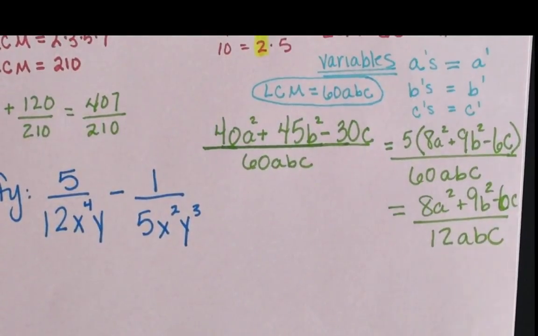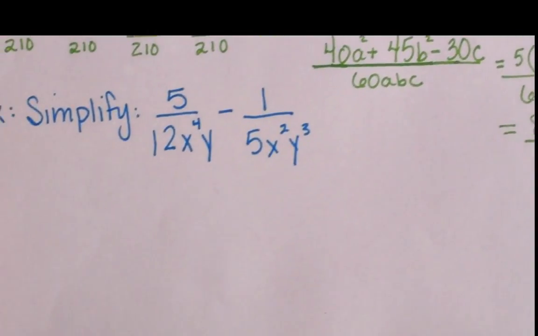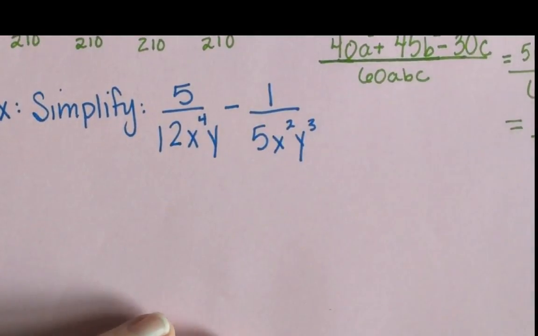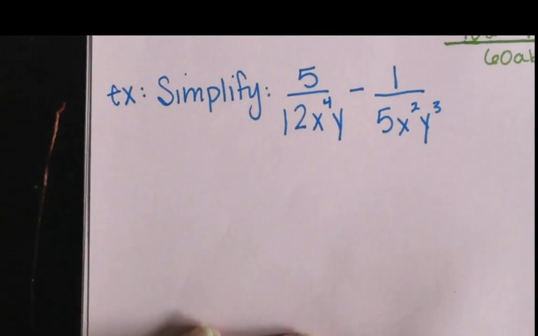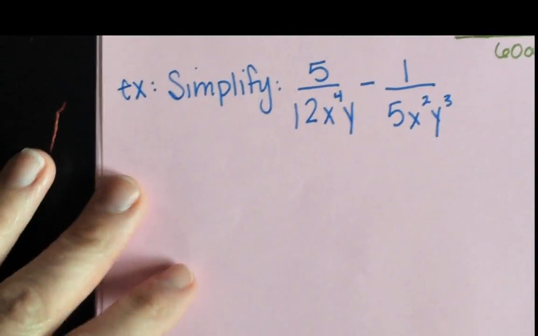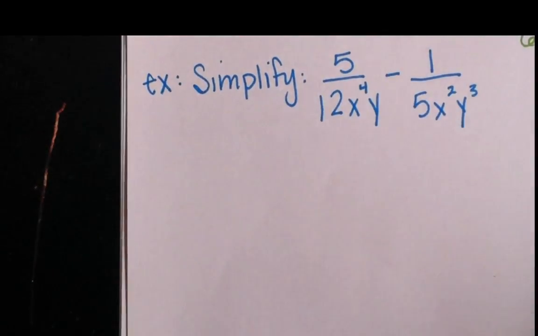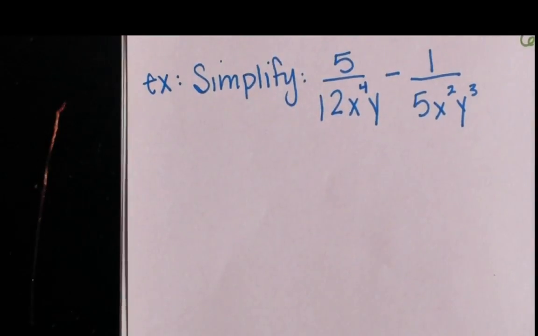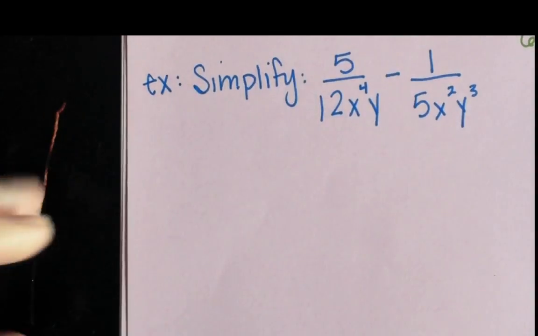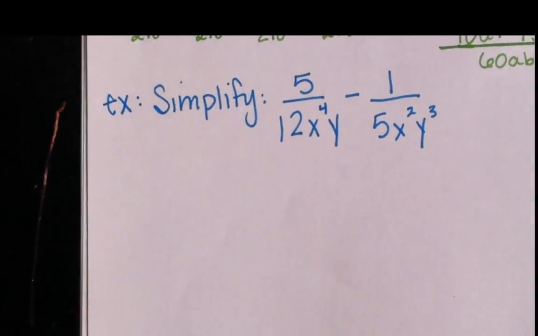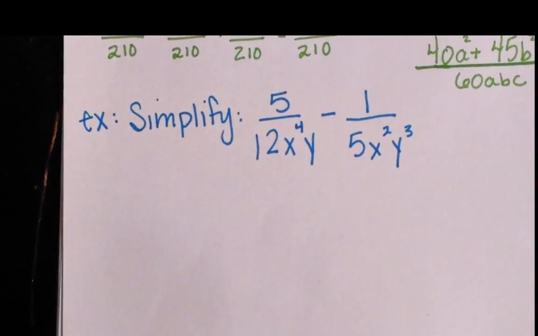Okay, let's take a look at the next question. Our 5 over 12x to the 4th y, minus 1 over 5x squared y cubed.